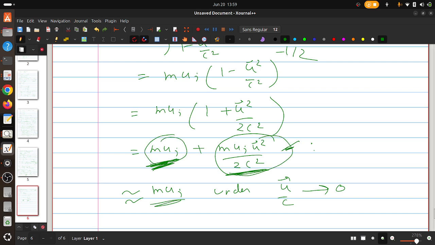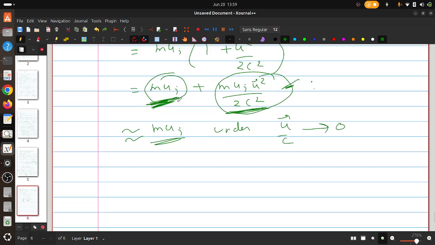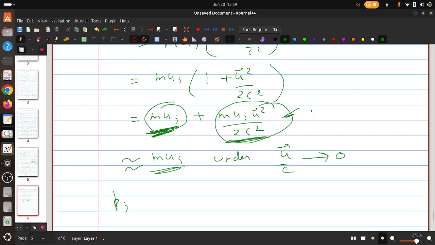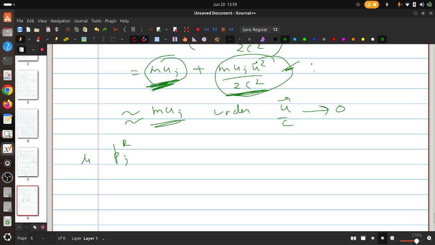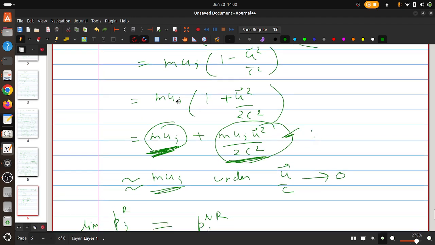So this can be approximately written as m uj under the assumption that u by c goes to 0. So only the first term survives approximately. So yes, indeed, we now see that the relativistic momentum under the limit u by c goes to 0 corresponds to the non-relativistic Pj. So we can convince ourselves that indeed we are good to go.